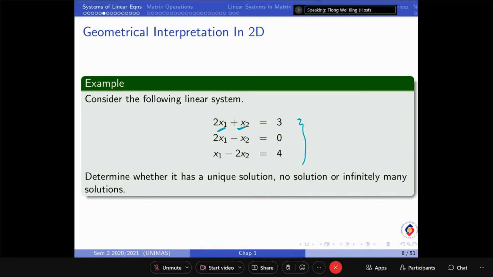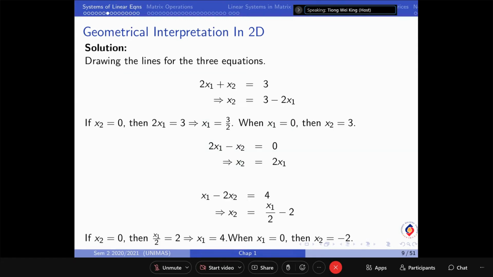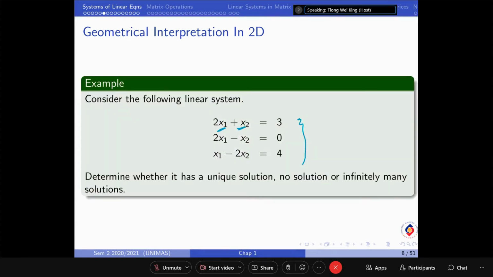So basically you can plot the line, either manually or using any online graphing calculator. If you plot the line manually, let's look at the first equation first.